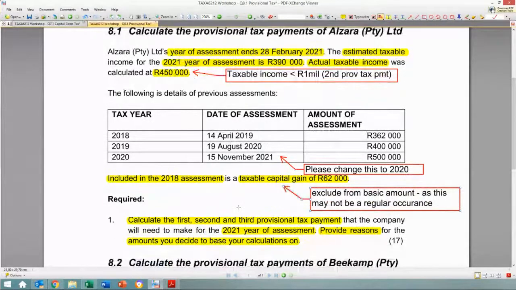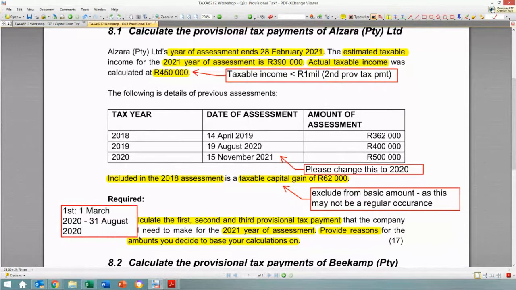Now let's quickly look at the periods for your first, second, and third provisional tax payment. If we look at the first one, it would run from 1 March 2020 up to 31st of August 2020.